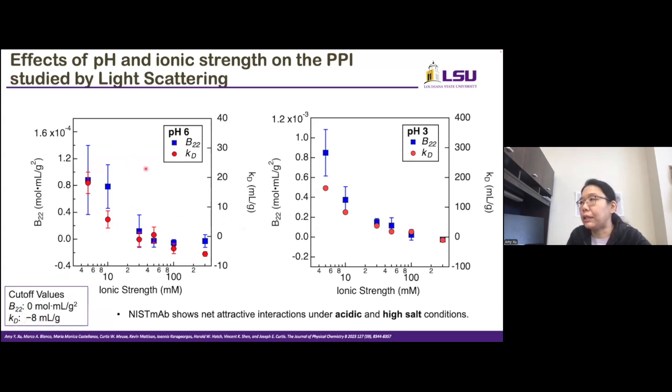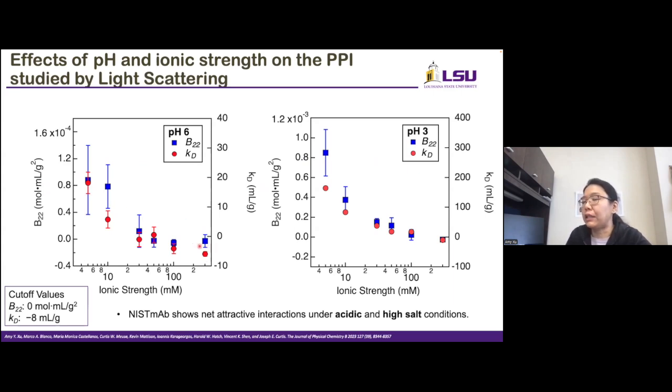By looking at these two graphs, the graph on the left shows the kD and B22 values measured at pH 6 across a wide range of ionic strengths, and the figure on the right shows these two values measured at pH 3. We can see that with increasing ionic strength, both kD and B22 values at both pH conditions are reduced, suggesting that the interactions between the protein molecules become less repulsive.